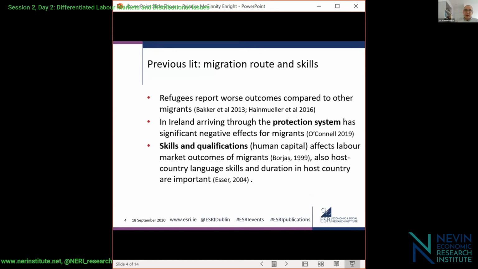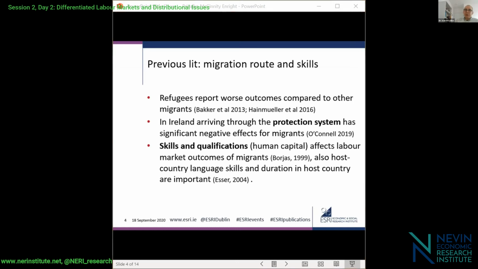Bakker and Heinmueller have reported that refugees have worse labour market outcomes when compared to other migrants. So migrants who are not refugees typically have less unemployment and integrate better into the labour market. For Ireland, there's some research done by Philip O'Connell. We're trying to build on his research that says that when you come through the protection system, this can have a significant negative effect for certain migrant groups.